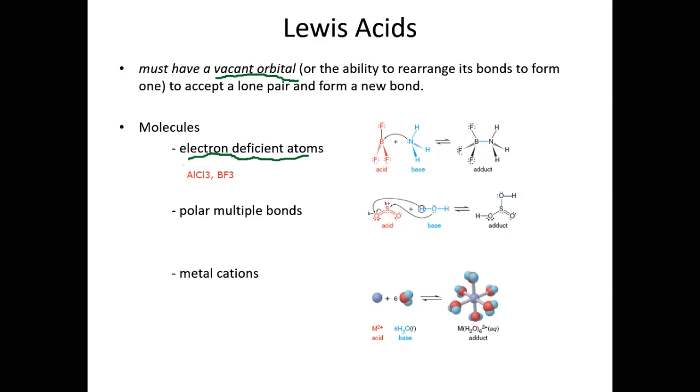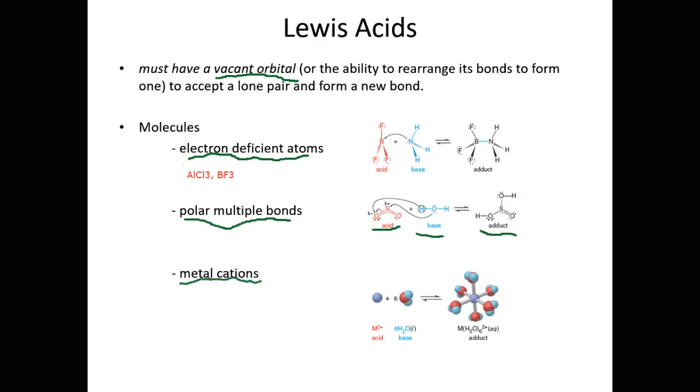Those are electron deficient atoms. Again, those elements that can have a deficient octet. Polar multiple bonds, such as SO2, you put it in water, it forms an adduct, which is hydrosulfuric acid.